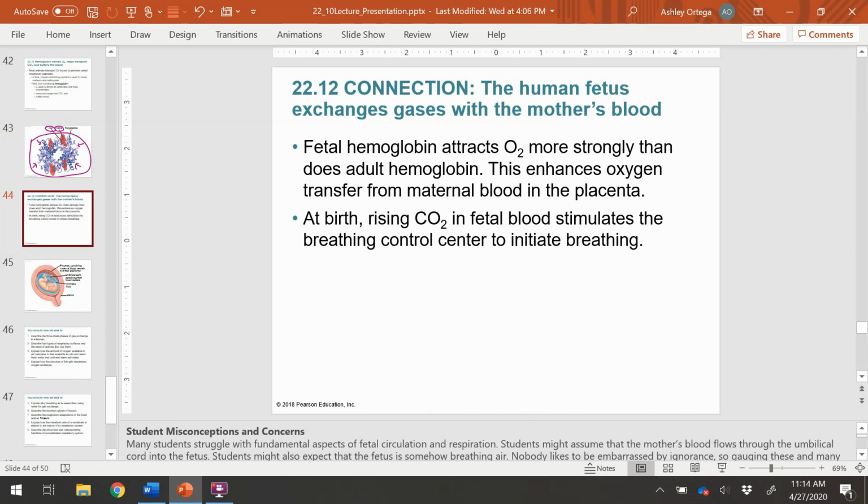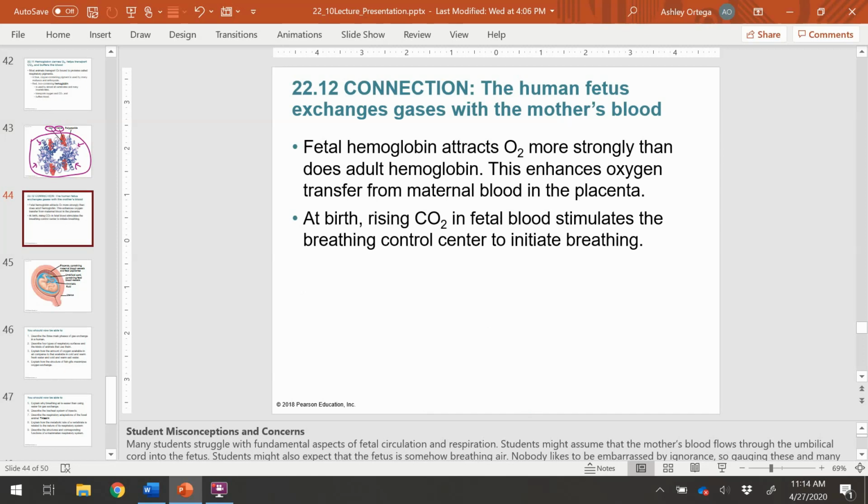And so looking at hemoglobin and comparing, in addition to that, how babies are going to attract this oxygen more frequently. So the fetal hemoglobin version is going to actually attract oxygen more strongly than adult hemoglobin.